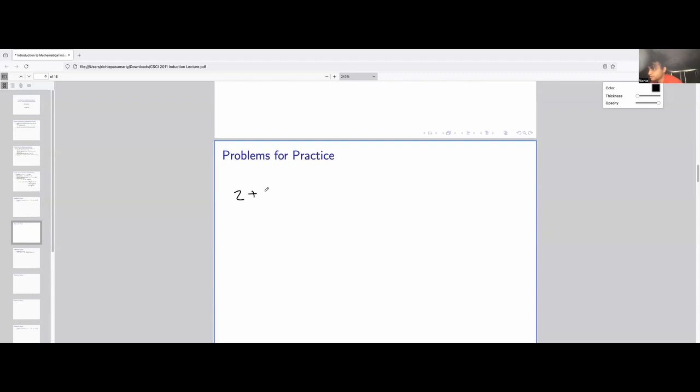So 2 plus 4 plus all the way until 2k plus 2 times k plus 1. Okay, so this part right here, we've assumed that it's equal to k times k plus 1.